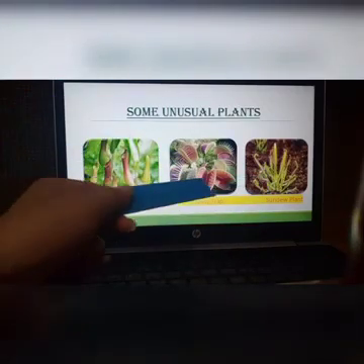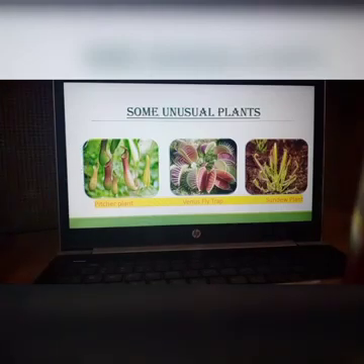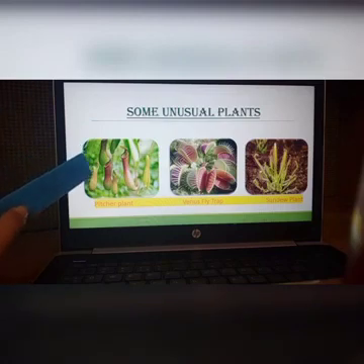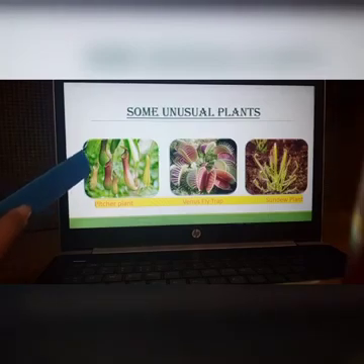So all these three plants are insectivorous in nature. Insectivorous means they feed on insects. These plants catch small insects like houseflies, mosquitoes, and beetles inside them, and slowly that insect gets digested in this part, and then all the nutrients from that insect's body go into the plant.